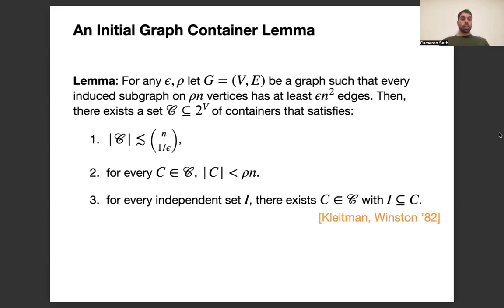Number 1, the collection is not too large, so there's not too many containers. Number 2, each container is not too large. And importantly, for every independent set, there is some container such that the independent set is a subset of the container.